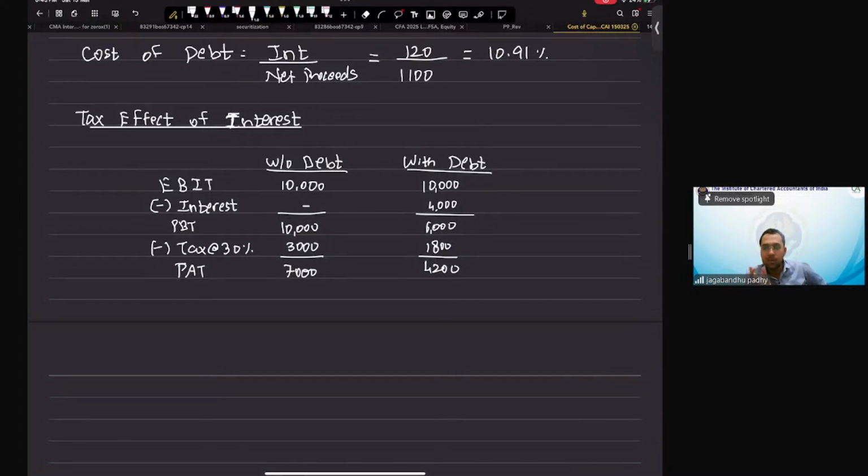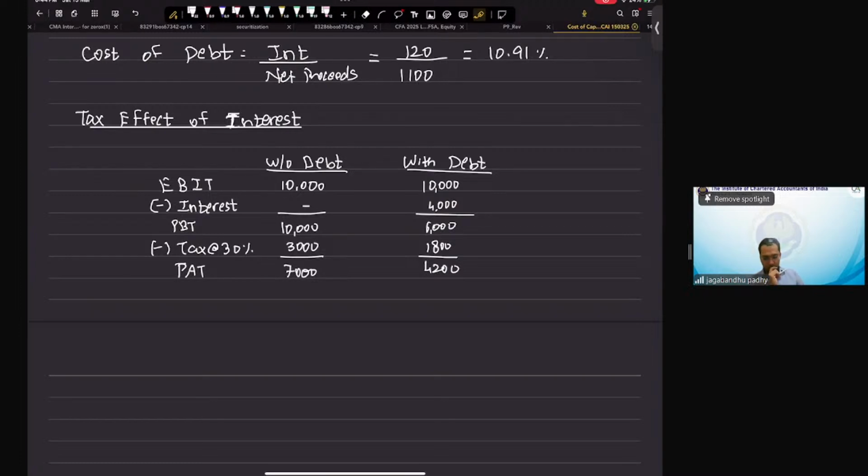Now, if I ask you, you can do this table and tell me what is the interest cost? What is the cost for the company which has got debt? Can I say that 4,000 is the cost for the company which has got debt? Yes or no? As compared to a company without debt, do we mean to say that the extra expense for that company is 4,000?